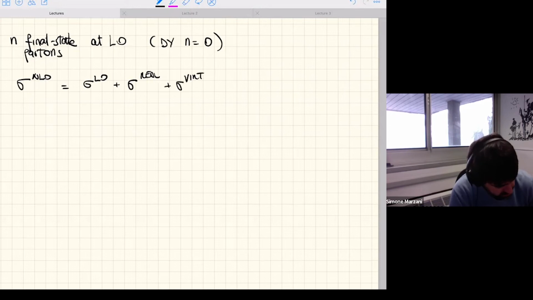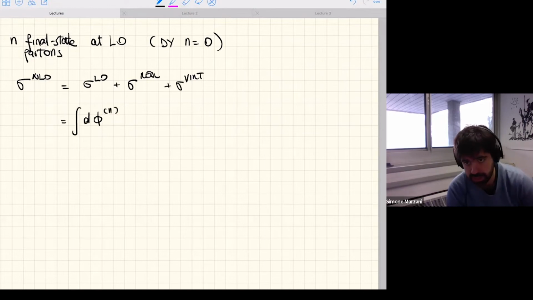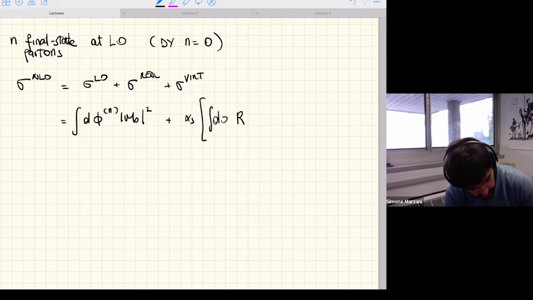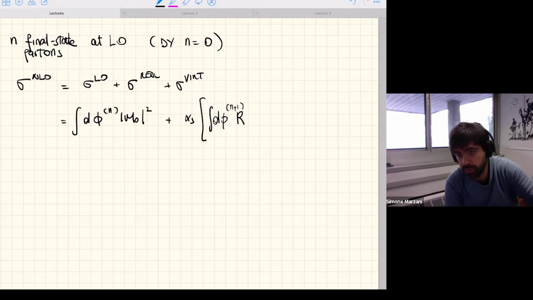And what does this look like? Well, the leading order cross-section will be the integral over the n parton phase space. Then plus, we're going to have the real matrix element squared, integrated over the n plus 1 parton final state, because the real emission has one more parton.